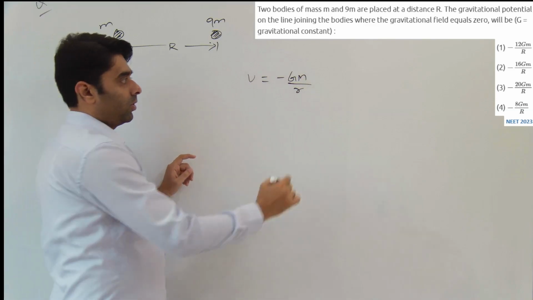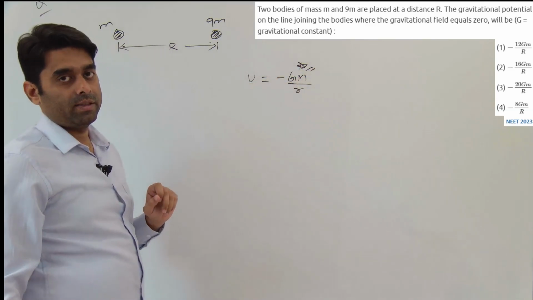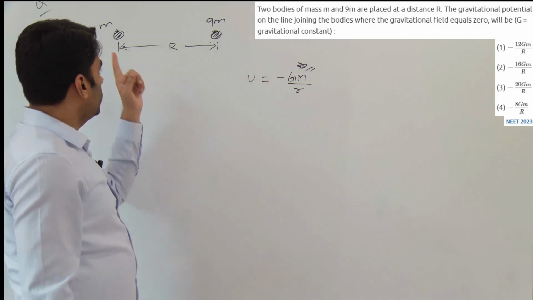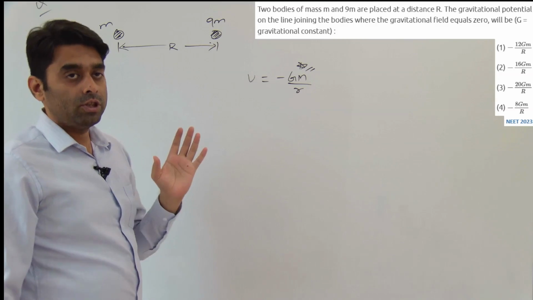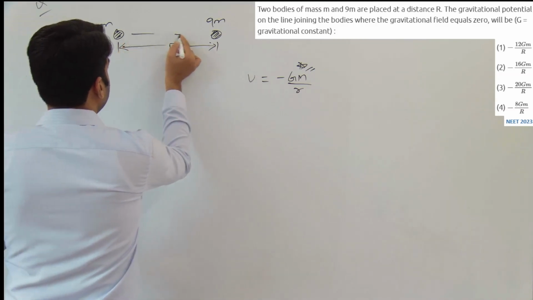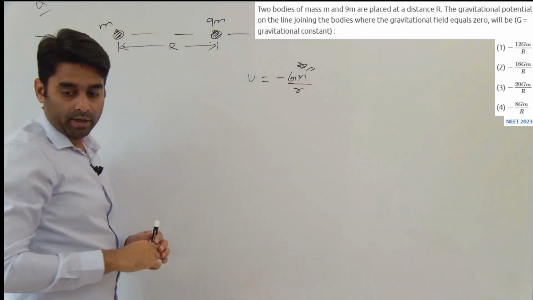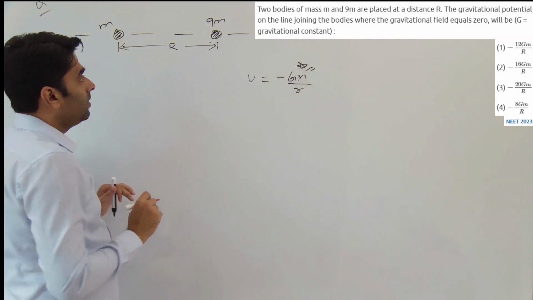I hope you know this formula. But the issue is, we know the two masses m and 9m, but we don't know the position. We have to find the point where the gravitational field is 0.